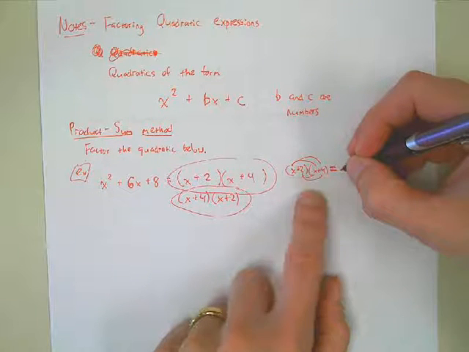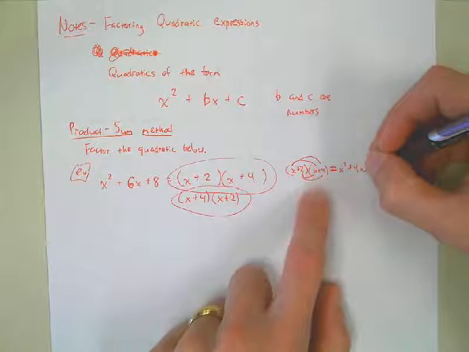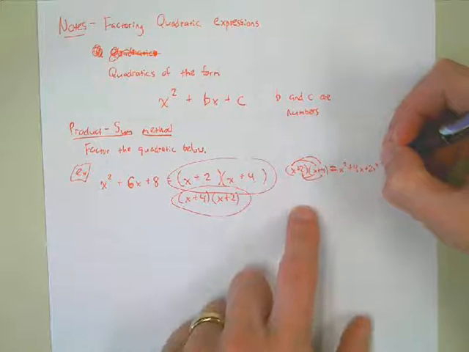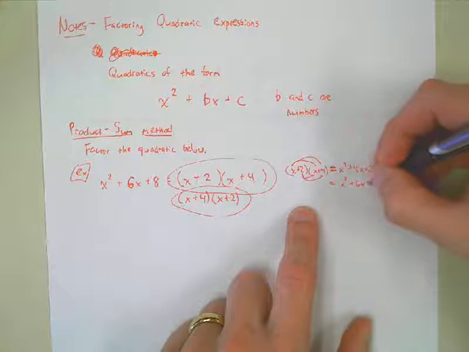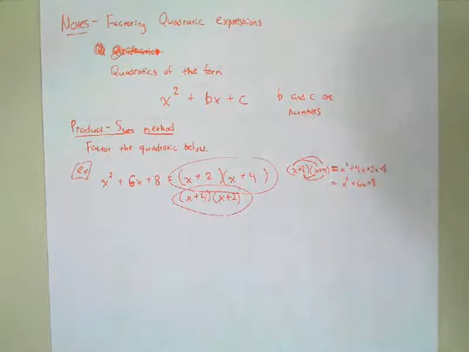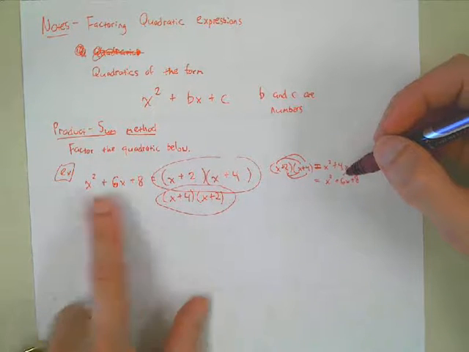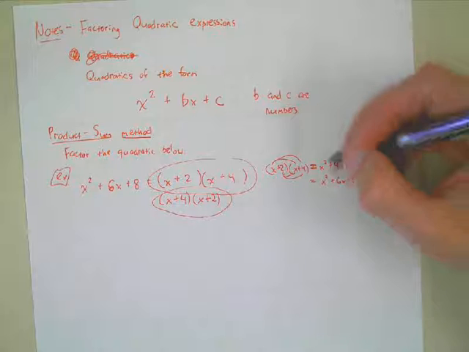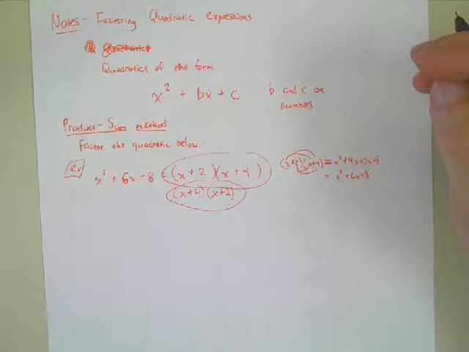X times x is x squared. X times 4 is 4x. 2 times x is 2x. 2 times 4 is 8. And we combine our like terms there, and there it is, x squared plus 6x plus 8. So you see it does work. We get what we started with there. Okay? But of course you don't need to do the check, but if you're unsure, do it, okay?